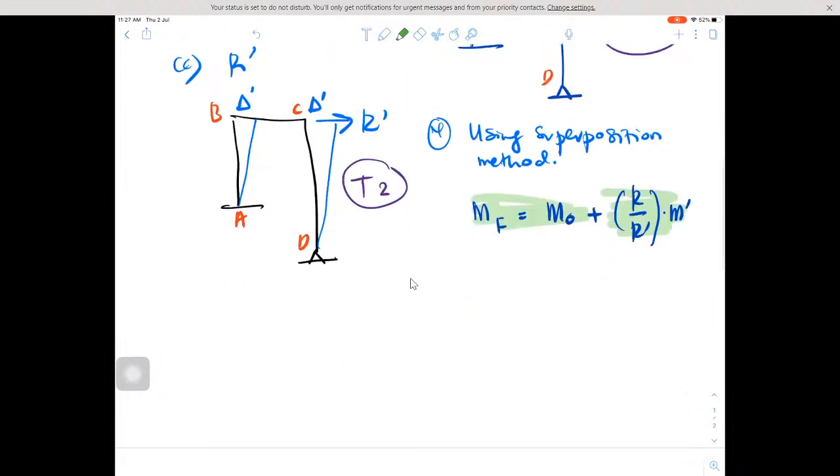It is based on the superposition method. The original diagram is like this: pin, fixed and pin, with loading.